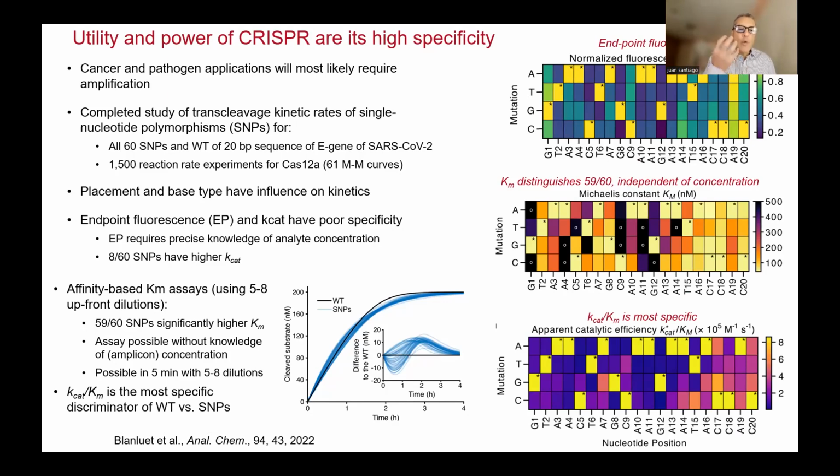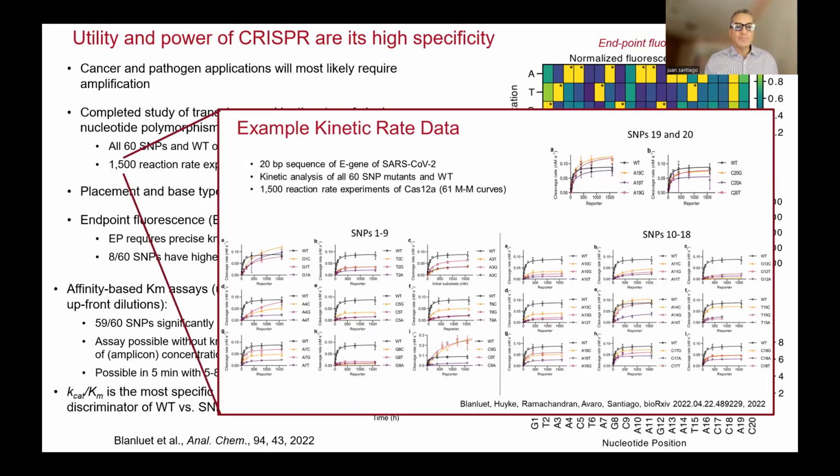So instead of measuring the sample once, you do a whole series of dilutions of reporters, measure the kinetic rates of the combination in that sample, and use this to discriminate between wild type and mutations.